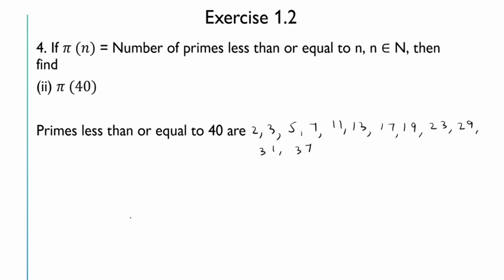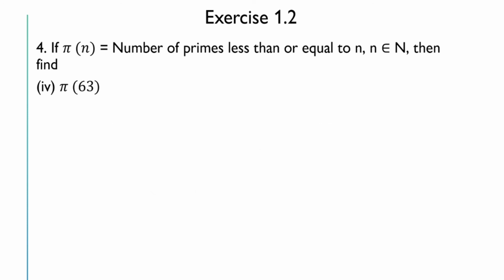So we have pi of 40 is 1, 2, 3, 4, 5, 6, 7, 8, 9, 10, 11 and 12. So pi of 40 is equal to 12.